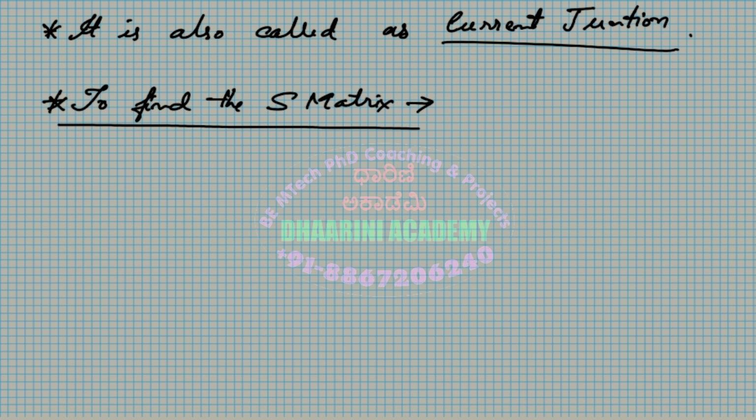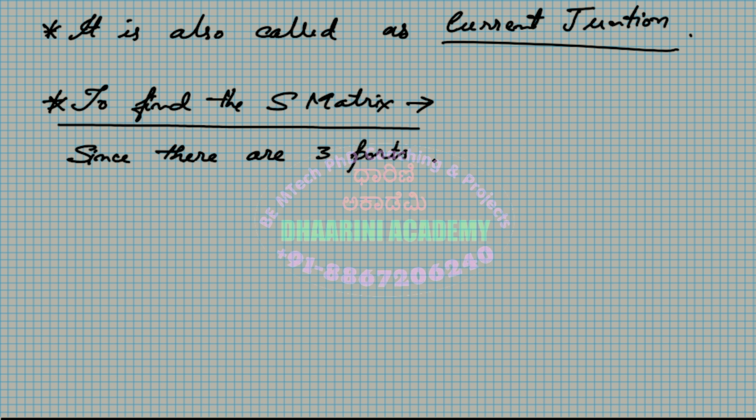So three possibilities. Since there are three ports, the order of the S matrix is 3 into 3.